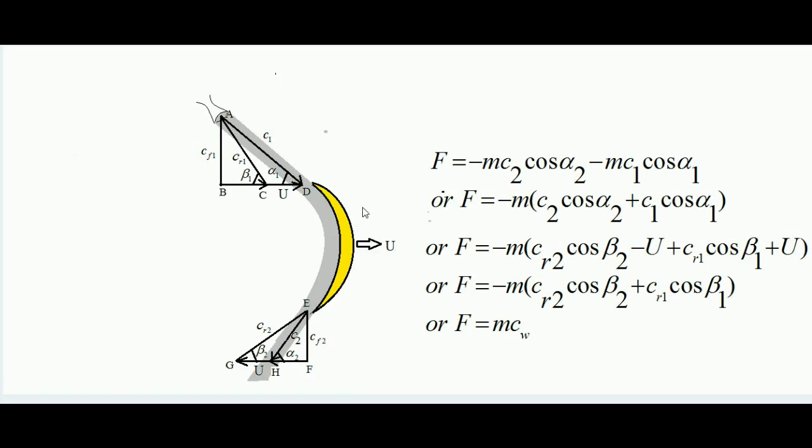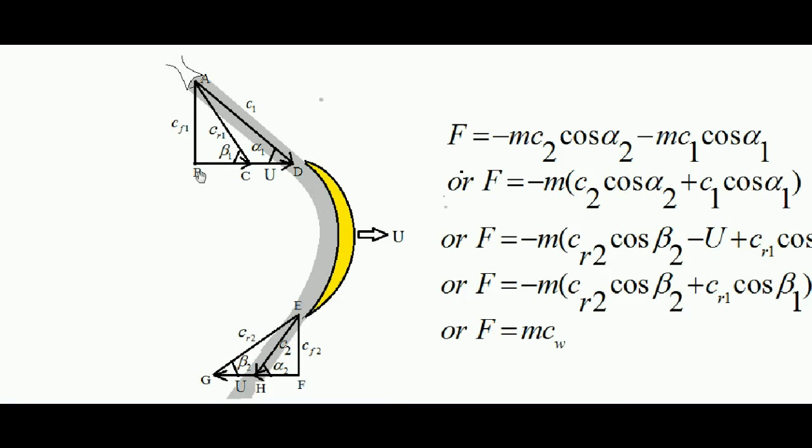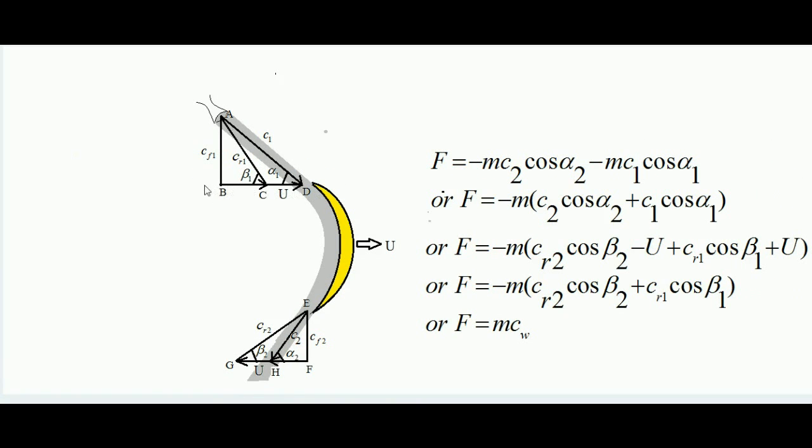So what is the relative velocity of steam in the horizontal direction with respect to the blade? Simple. BD is the horizontal velocity of steam at inlet. So BD and u are in the same direction. So BD minus u, that is equal to BC, is what? The relative velocity of steam in the horizontal direction at inlet.